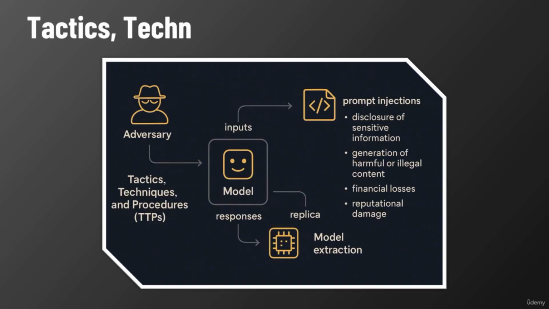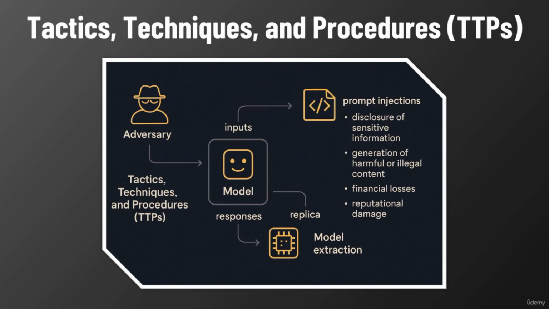Adversaries targeting the model component often start by submitting various inputs and closely analyzing the model's responses to uncover patterns and weaknesses. With this insight, they can craft malicious prompts, such as prompt injections, that force the model to behave in unexpected or unsafe ways. The impact of these deviations can vary and may include disclosure of sensitive information, generation of harmful or illegal content, financial losses, reputational damage.